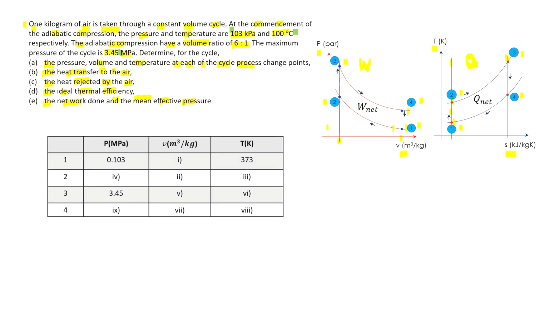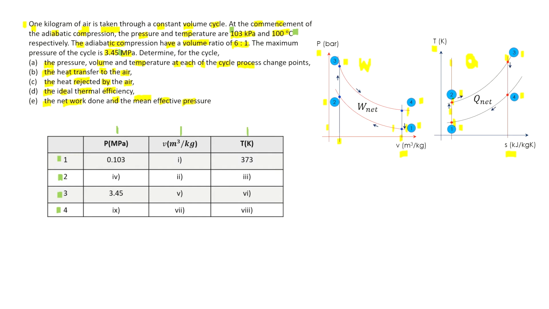So here, we have a table prepared. First column, we put pressure. Then volume, and then the absolute temperature. It's advisable to convert all the temperatures in degrees C into absolute temperature, that is Kelvin. And then you have your points 1, 2, 3, and 4.